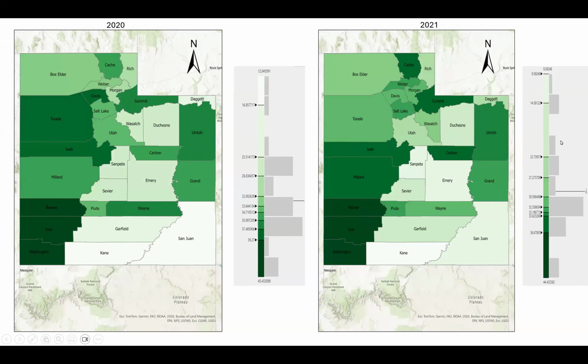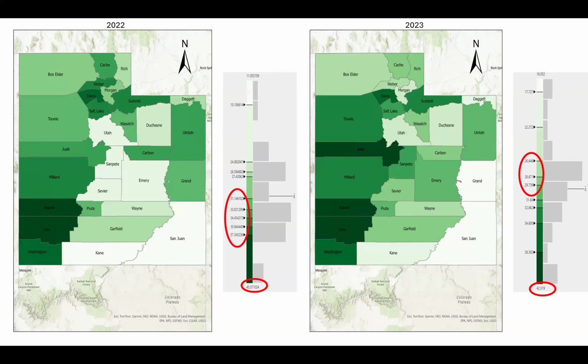Similarly, we have data for 2020, 2021, 2022 and 2023. We have looked over how evapotranspiration varies across the state as we move through the counties. How about across time? During 2022, most of the counties fall in a region of 31 to 37 inches of evapotranspiration.